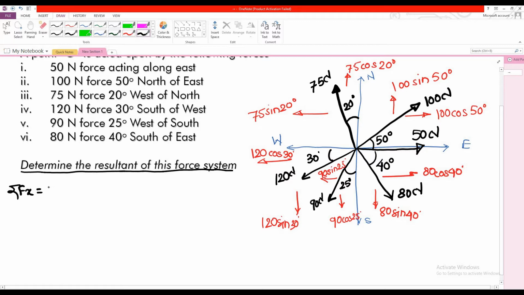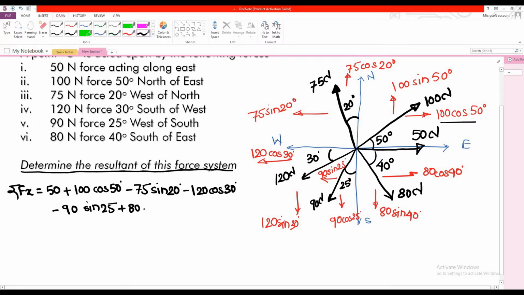Here we are having 50 Newton plus 50 Newton, then 100 cos 50 going in the positive x-axis, therefore it becomes plus 100 cos of 50 degrees, then minus 75 sine of 20 degrees, then minus 120 cos of 30 degrees, then minus 90 sine of 25, then finally the 80 Newton force plus 80 cos of 40 degrees.